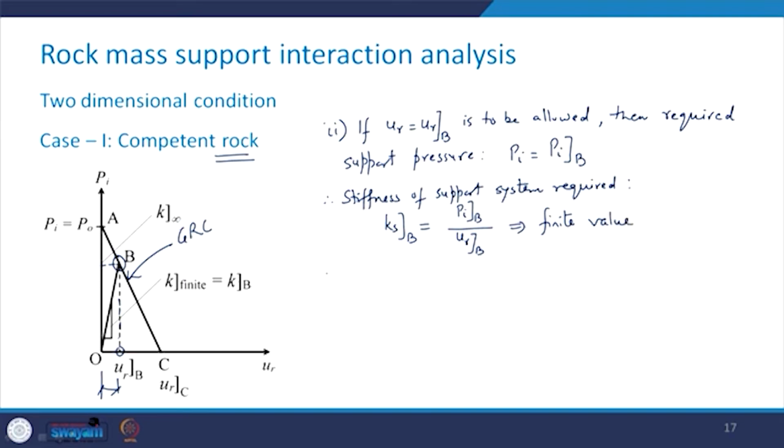Right? Now there comes another case, that if I allow even more deformation to take place, that means if ur is equal to the ur which is happening at C, this point. So I am even allowing this much of the deformation to take place. Then what will happen?